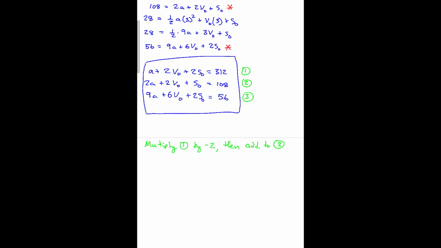So if I take equation 1 and multiply every term by a negative 2, well then I get negative 2a minus 4v naught minus 4s naught equals a negative 612. I apologize, negative 624.